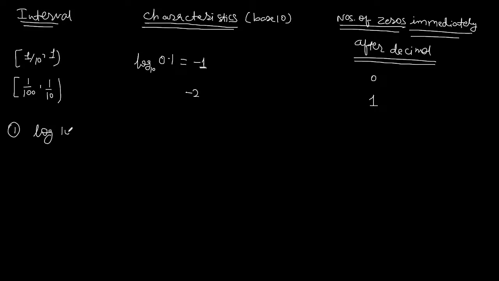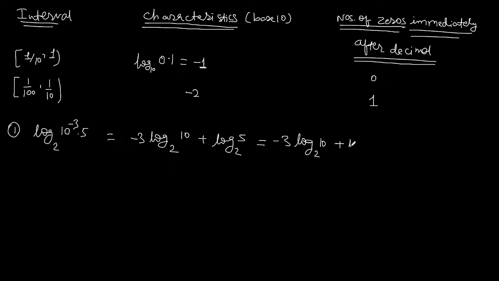If we have log of 10 to the power minus 3.5 base 2, can we say it is minus 3 log 10 base 2 plus log 5 base 2, which could be further written as minus 3 log 10 base 2 plus log 10 base 2 minus 1.